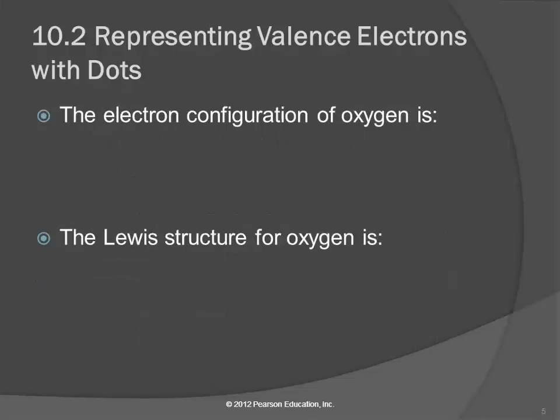So let's look at oxygen and review electron configuration. Let's do the electron configuration for oxygen. Well, how many electrons does oxygen have? It has 8.